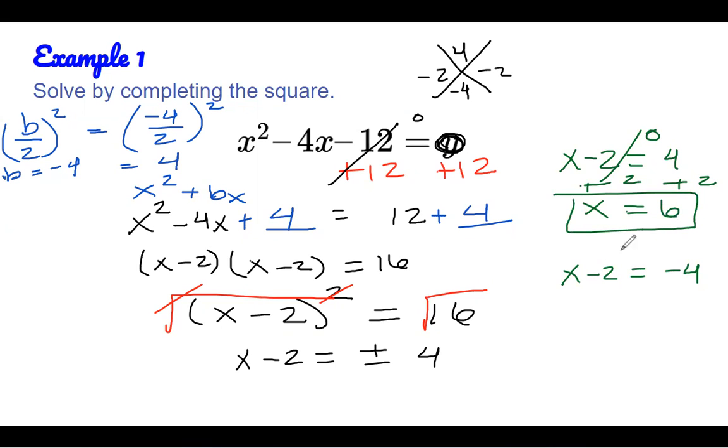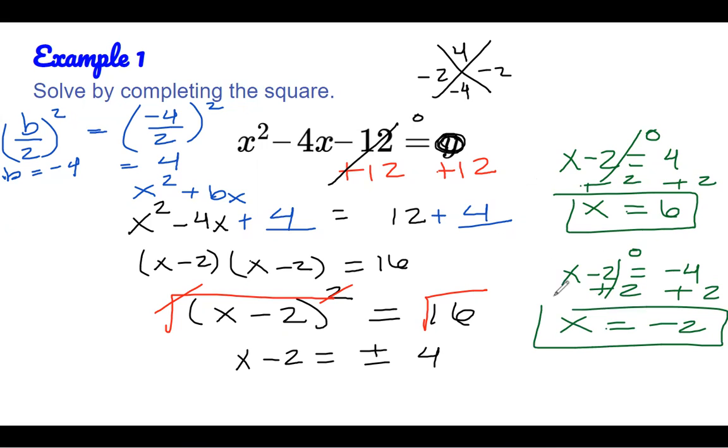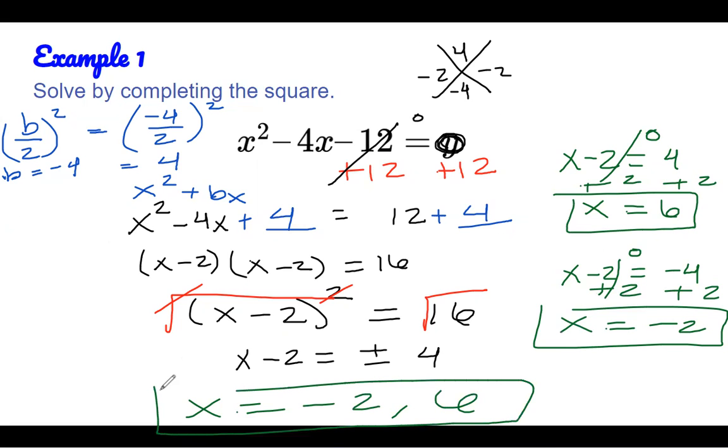So my value here is 6. Let's add 2 here. Add 2. Left with 0. We're left with x equals -2 in this case. So my solutions here are 6 and -2. x equals -2 and 6. Not too bad, huh?